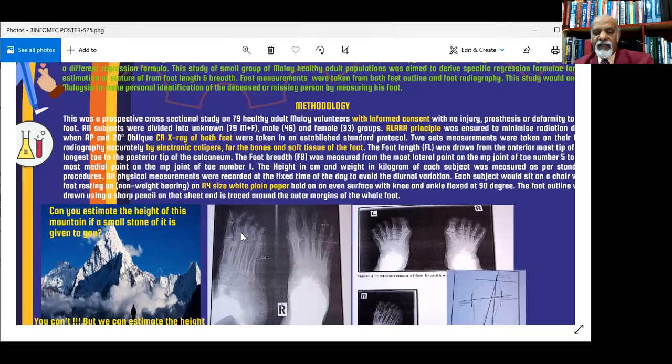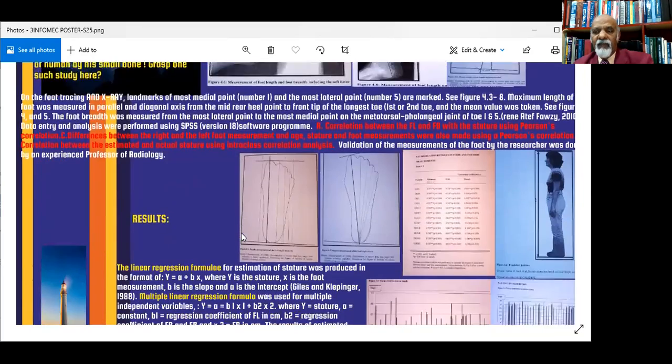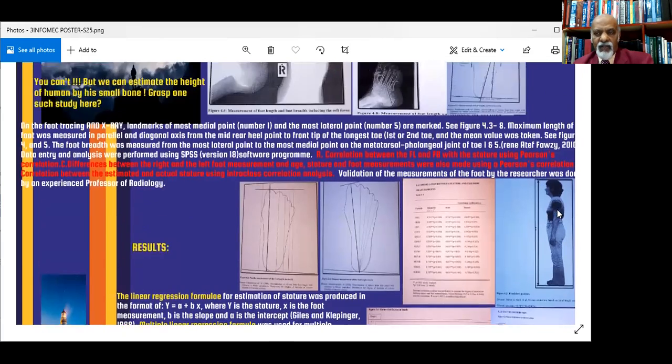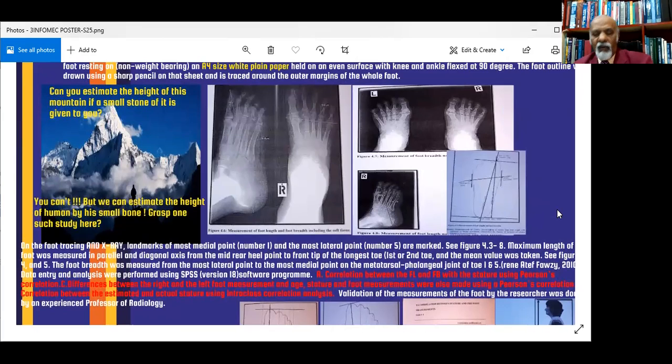Once the research sample subjects come to the department, we take the height in the typical front foot position from the vertex to the feet without shoes. And also we record the weight of the subject in a constant machine, the same machine used for all the subjects. After that, we take the x-rays of the foot, one in the frontal straight view and one in the oblique view.